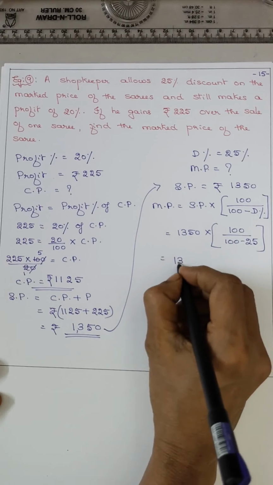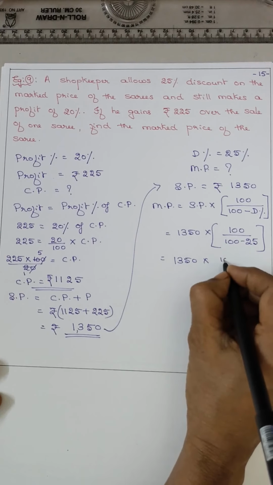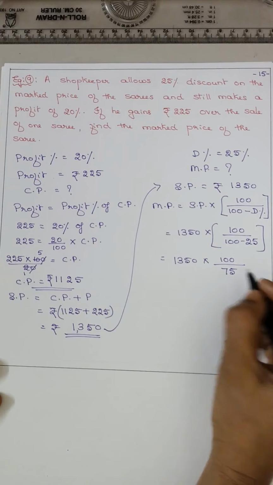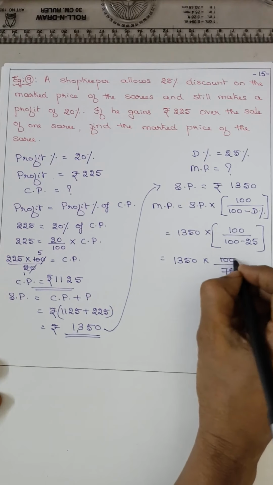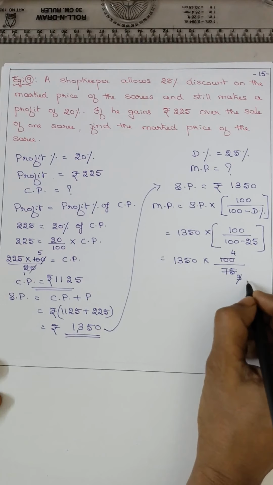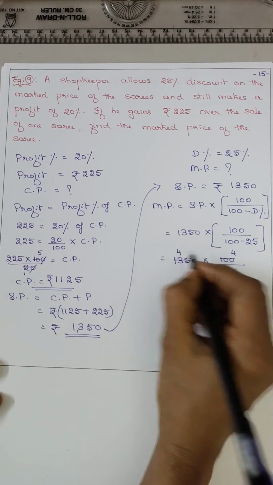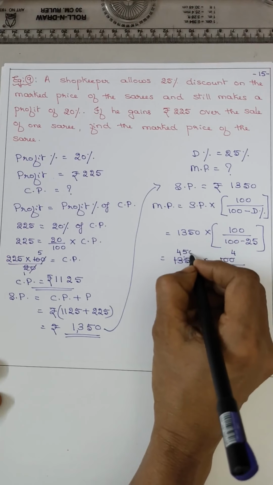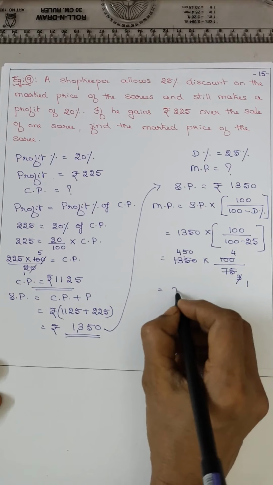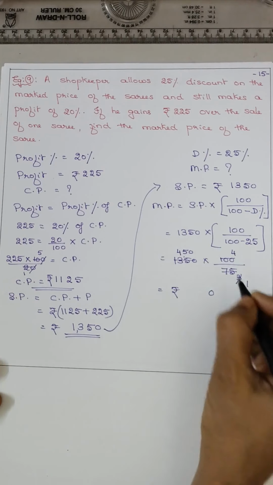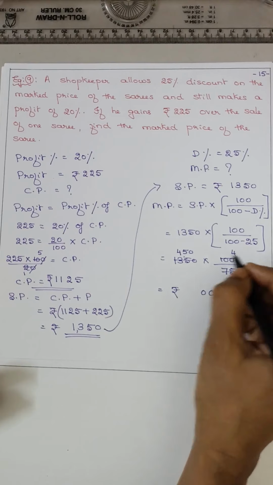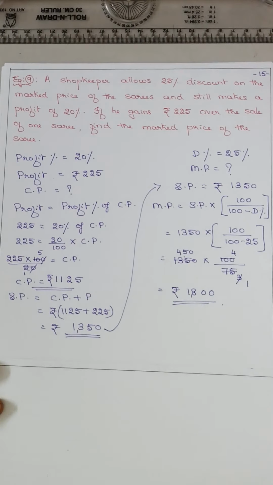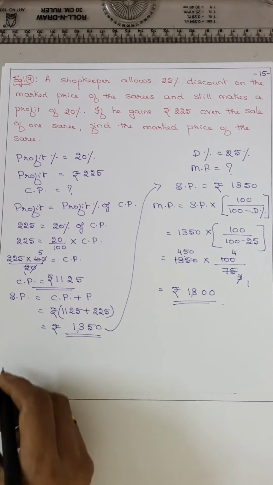That is 1350 into 100 upon 75. 100 minus 25 is 75. Dividing, you get 1800. So you got MP.